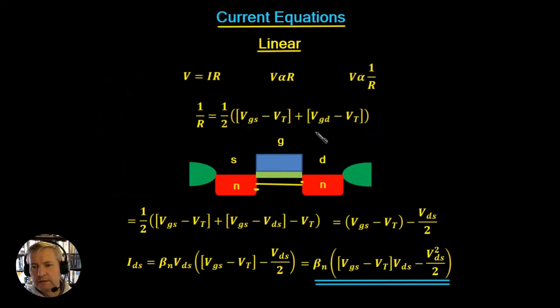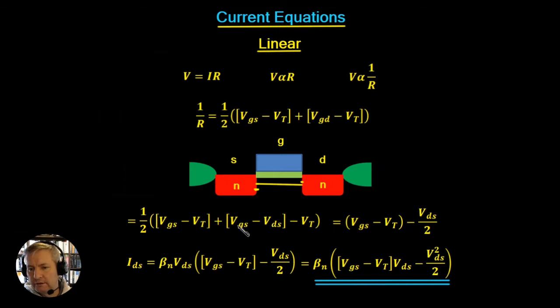So let's write this VGD out in terms of our VGS and VDS. We're going to have our half VGS minus VT, which is the same as this here, and we're going to have our VGD, which is the same as our VGS minus VDS.